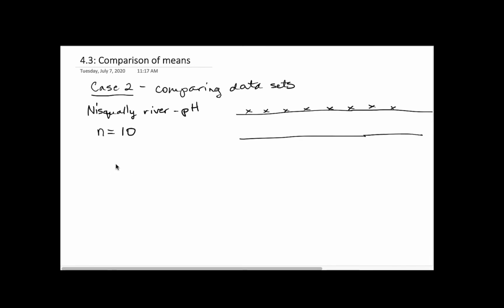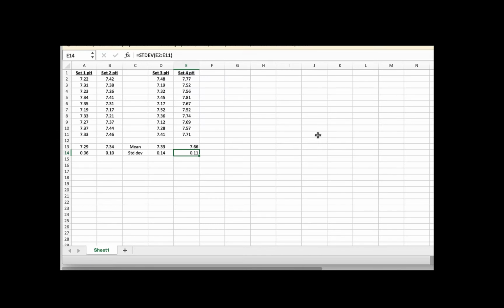I've made up some sets of 10 pH measurements in Excel, so we'll switch over to that right now. For now, let's just focus on sets 1 and 2 over here on the left. I made up 10 theoretical pH measurements for set 1 and 10 more for set 2. I calculated the average values down here in row 13 and the standard deviations in row 14.